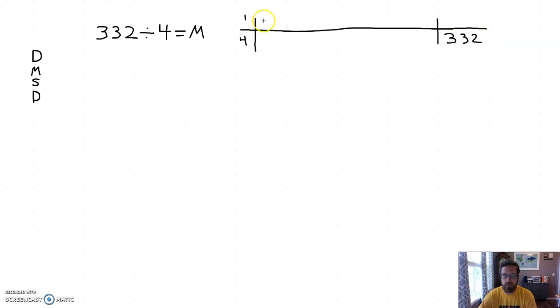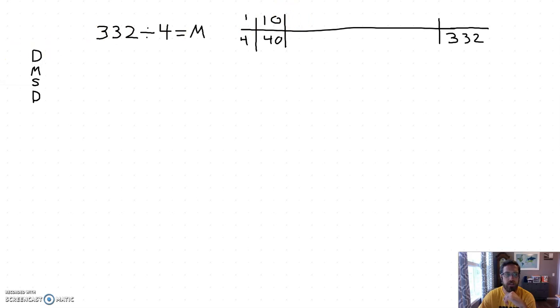I could start with jumps of 10, which would be 40, and then double it, 20 is 80. Or now I'm looking and I think, hey, can a 4 go into 3? No. How many 4s can go into 33? Well, that would be 8, knowing my basic facts.